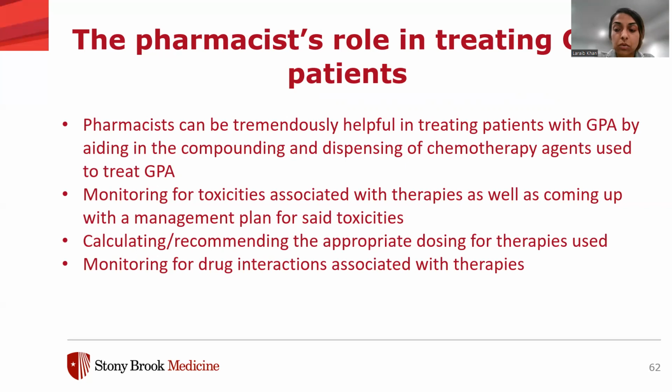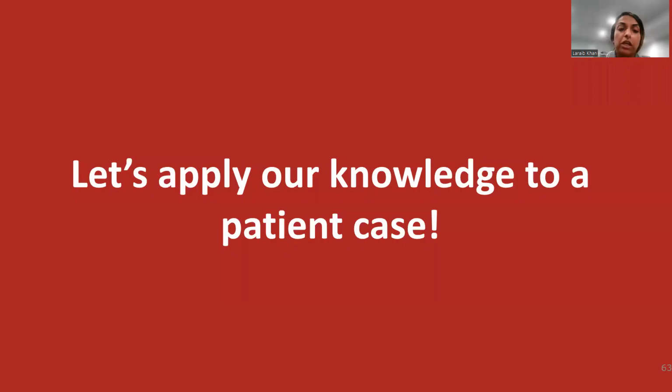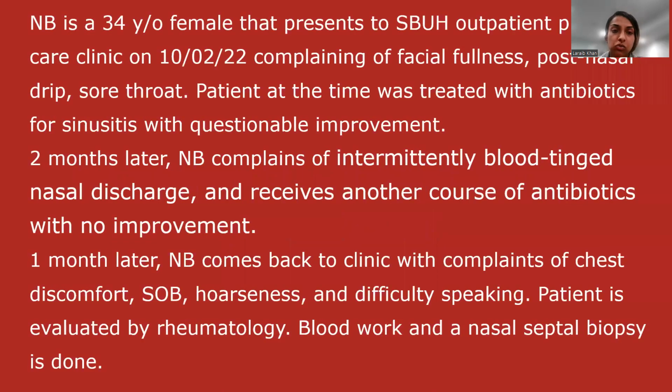So now that we talked about GPA and I covered pretty much everything, let's dive into a patient case. I'll read the patient case, but you can read along with me as well. NB is a 34-year-old female presenting to the outpatient clinic, complaining of facial fullness as well as post-nasal drip and sore throat.